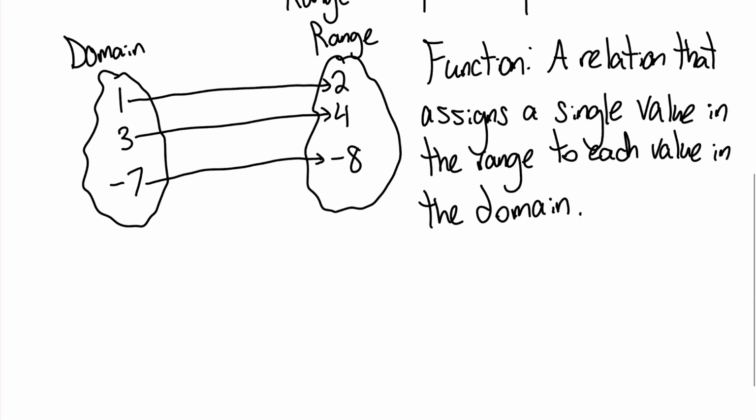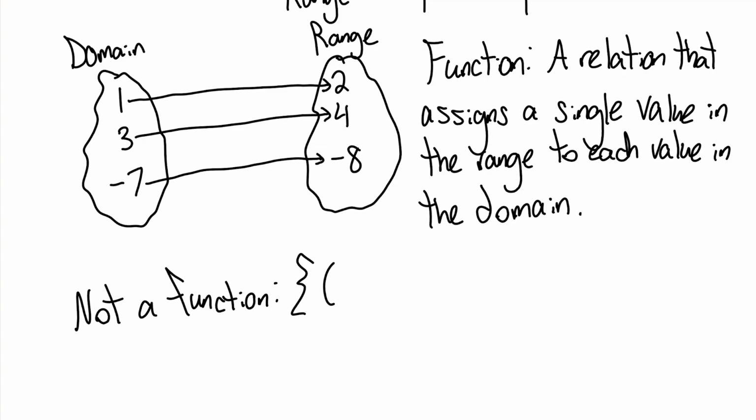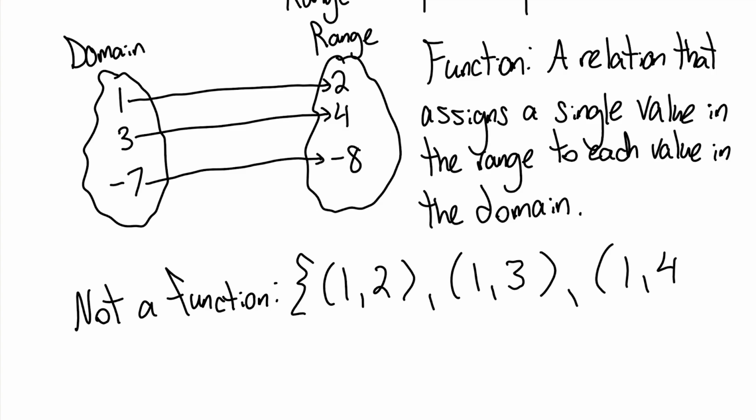So a non-example, something that's not a function, would be something where one of the x values is mapped to two different y values. Okay, so maybe something like this. So we can see in this case, 1 is mapped to 2, 3, and 4.